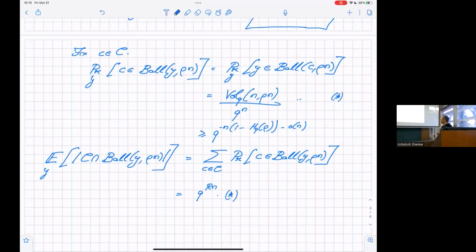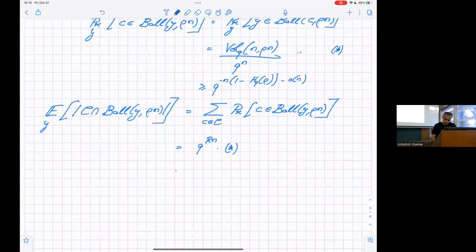Let's just write that down. That is greater than or equal to q power minus n, 1 minus H_q(rho) minus r minus the rho.